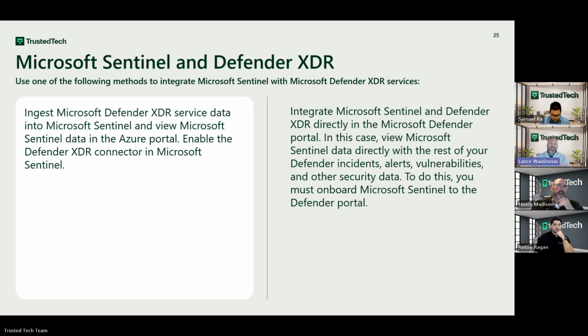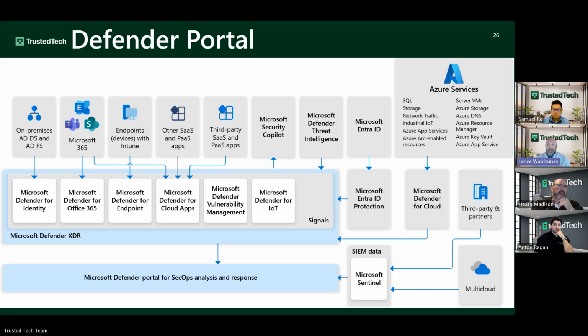And all of this plays into what Microsoft has built out as the Defender portal. The Defender portal is the home for everything that we do in Defender for Cloud. It takes all of this information that we're accumulating, both from Defender for Cloud and Azure, as well as all of your other sources: on-prem, 365, your threat intelligence. Then it compiles it into Defender XDR, which is basically an amalgamation of all of these different services and signals.